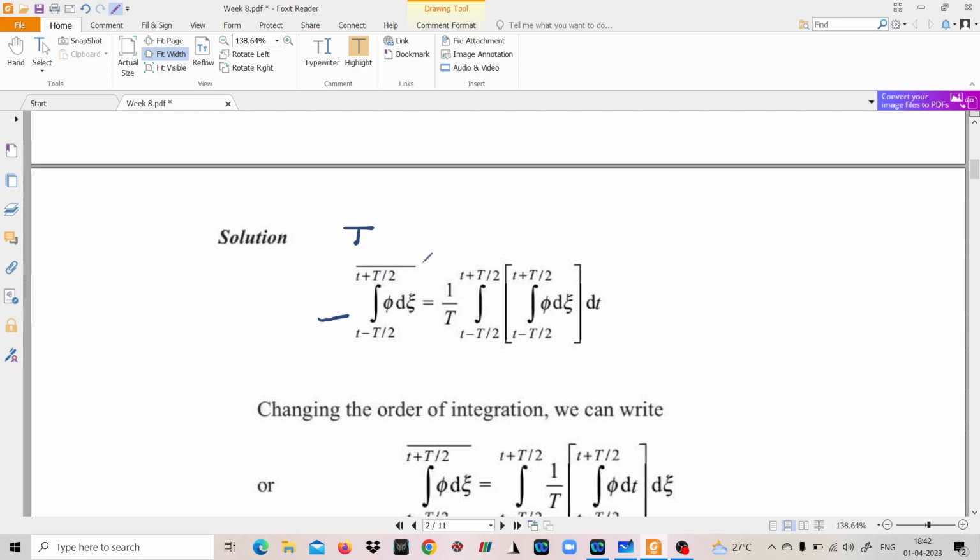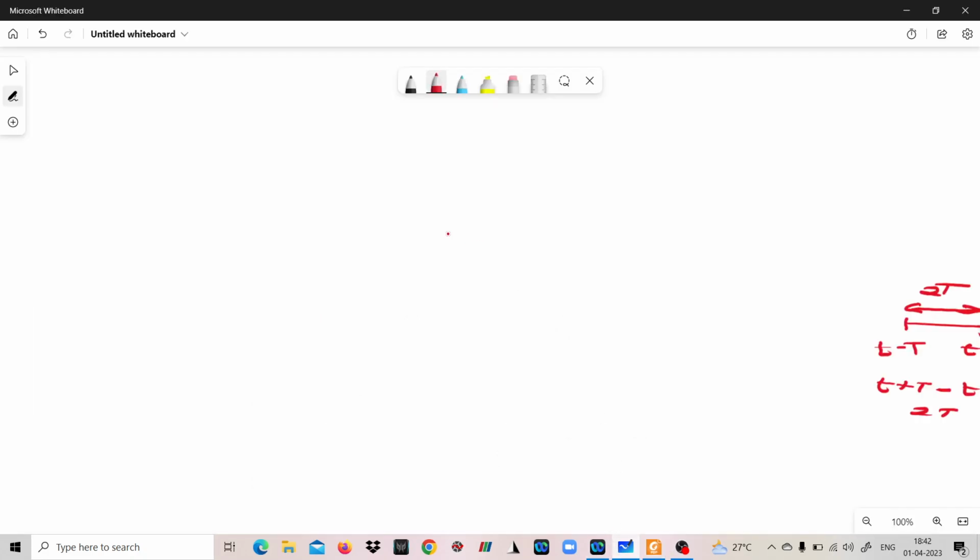Our expression is this: integration from t minus T by 2 to t plus T by 2 of phi, which is a function of xi, and the time average of this total.